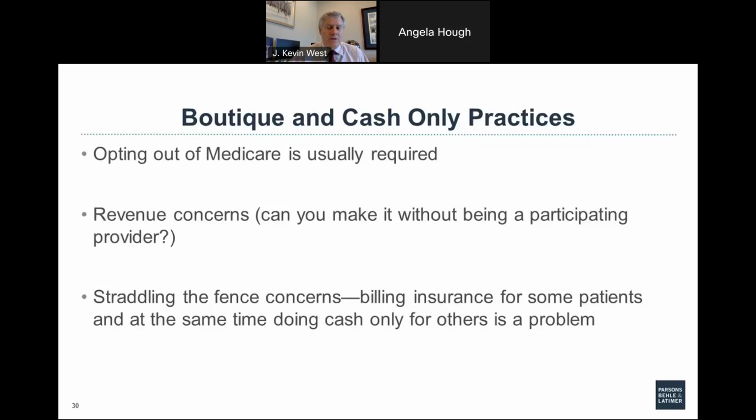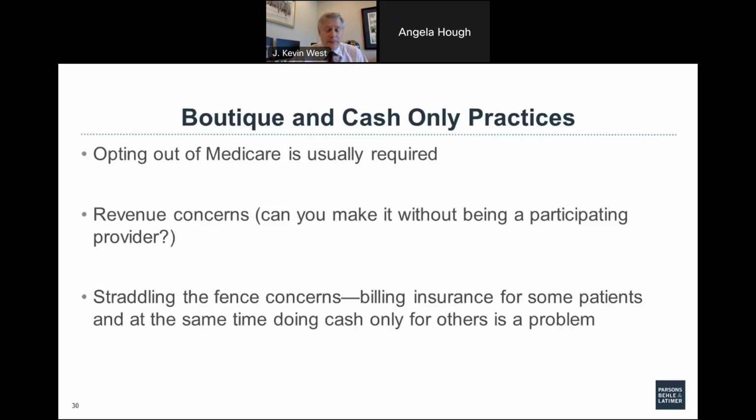But the biggest concern I've seen with providers is some try to have it both ways. They do a little insurance, but they do a little boutique practice, and that usually ends up being a hot mess because confusion results, and patients who the doctor thinks are paying cash are sending in claims on the side to the insurance company, and it just becomes really a nightmare.